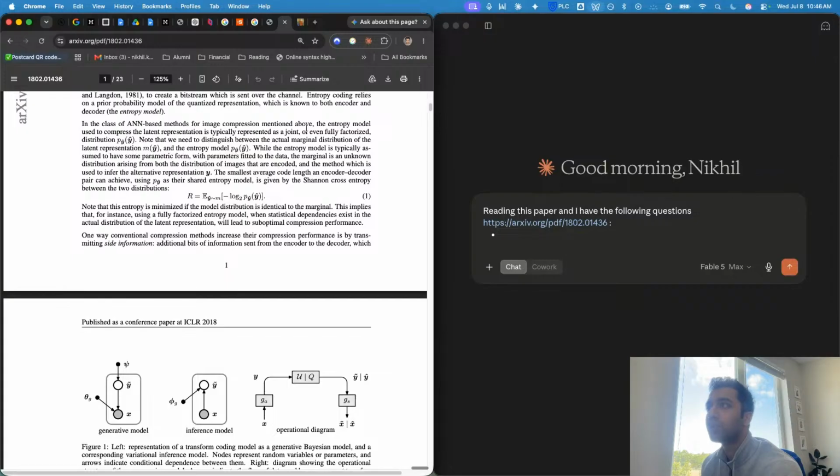What is the model distribution? Fully factorized entropy model.